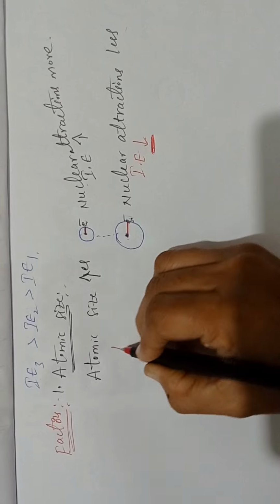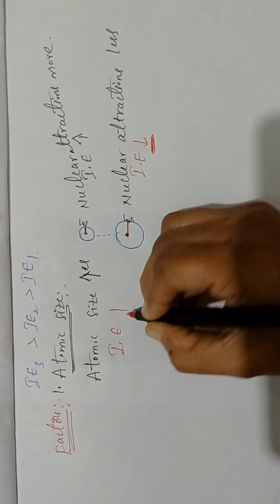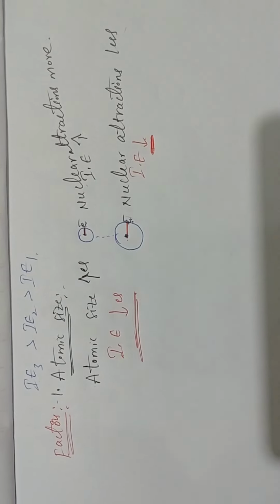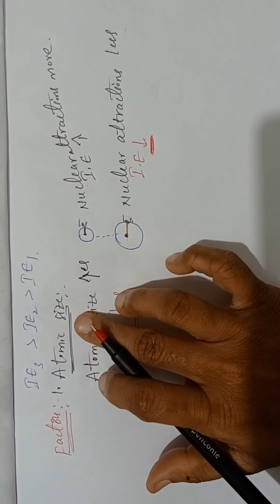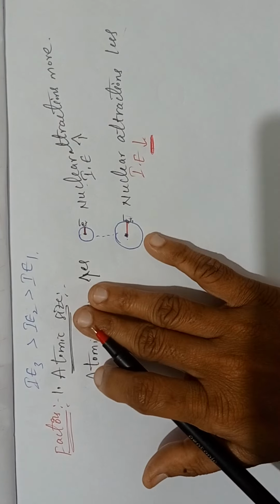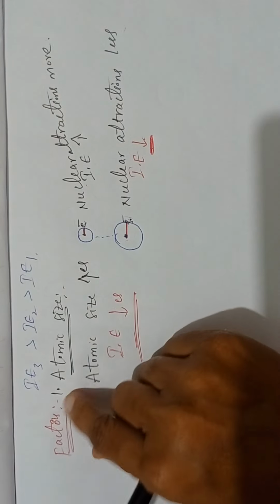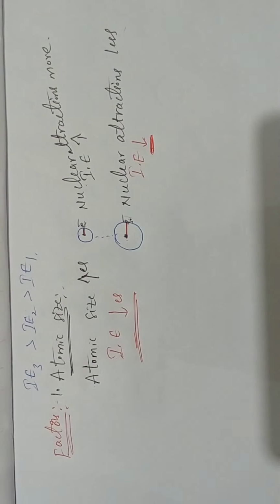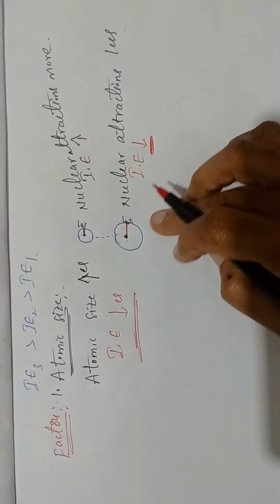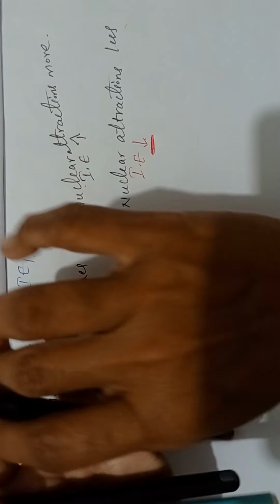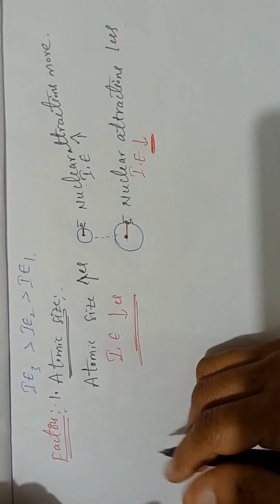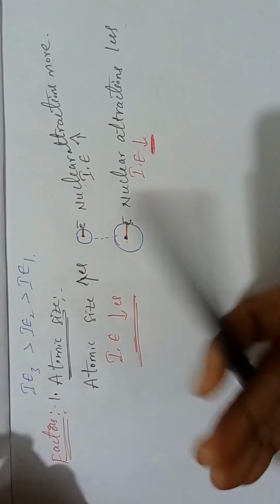Understanding, students? So atomic size is one of the factors. Ionization energy depends on atomic size. As the atomic size increases, ionization energy decreases. Clear? Now coming to the nuclear charge, the second factor, students. What is the second factor?